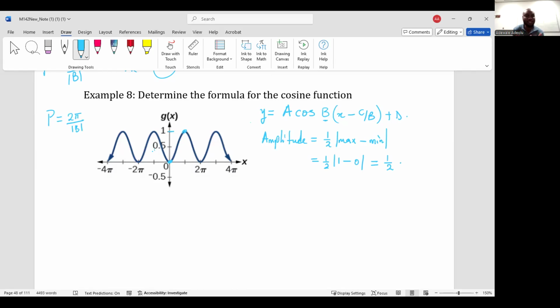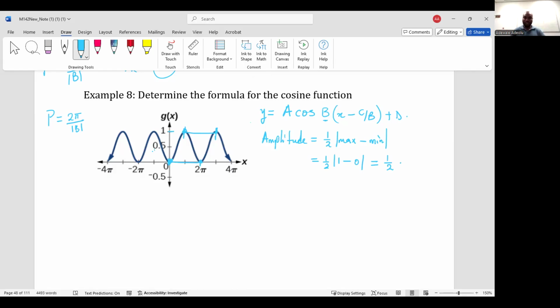In a simple way to see that, just look at your function. The period will be the distance between two crests, two highest points, or two lowest points. In physics, they call it crest and trough.